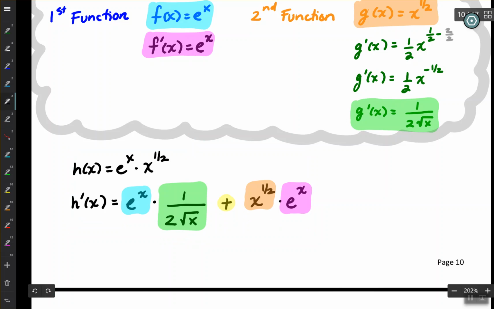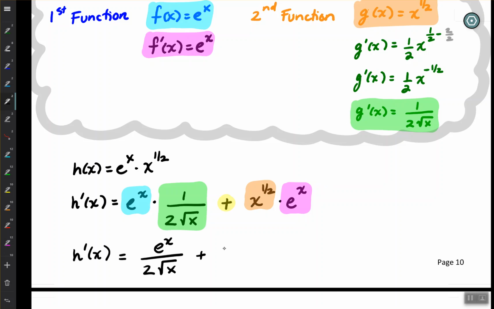My derivative, here multiplying fractions straight across, e to the x times 1 all over 1 times 2 root x is just e to the x all over 2 square root of x, plus square root of x is x to the 1/2 power. Square root of x times e to the x looks a little odd.